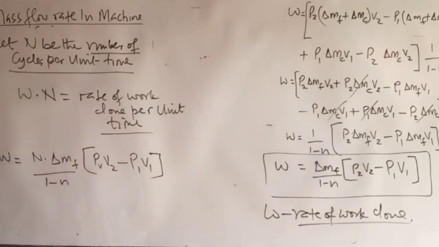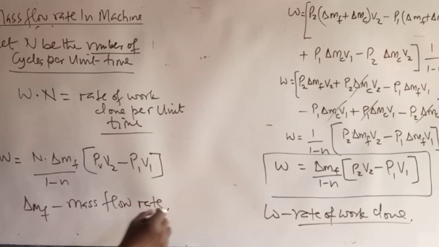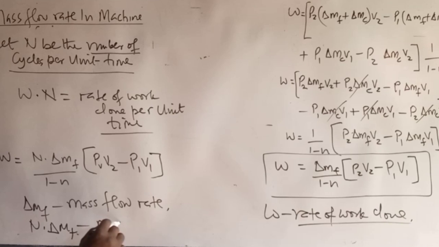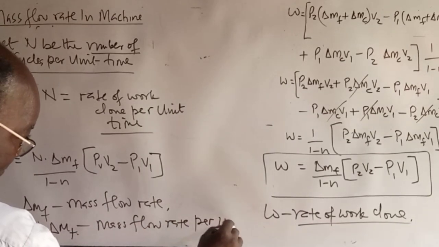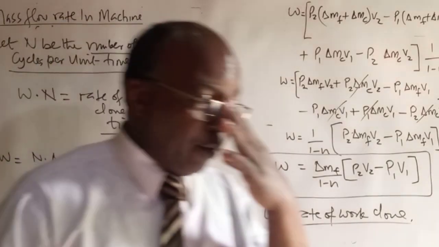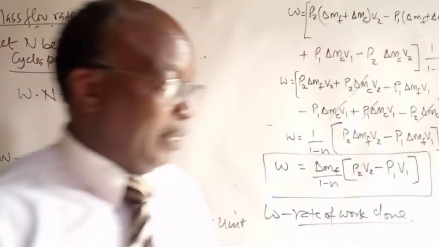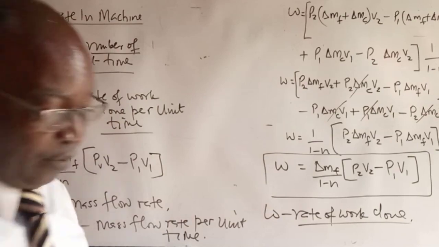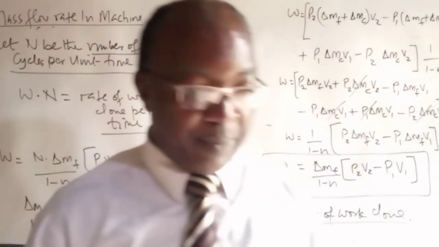And so when you have delta MF as the mass flow rate, then n delta MF is the mass flow rate per unit time. So very important, now we have used the masses within the system to relate to the work which is done in that machine cycle. So this is very, very important for us to be able to remember.